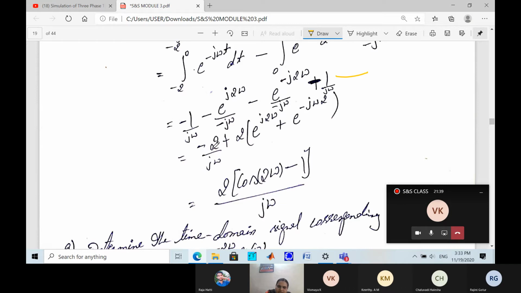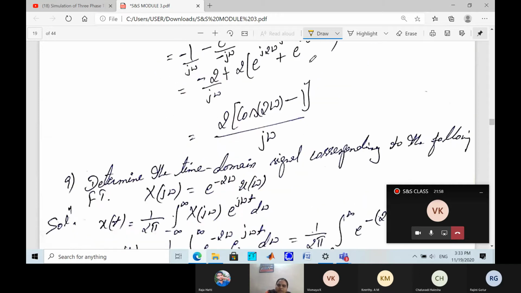Then I will be getting -2 divided by j omega, considering these two, plus, solve for this, you will be getting 2 e raised to j2 omega plus e raised to minus j2 omega. When you solve this in terms of cos, I can write it as 2 into cos 2 omega minus 1 divided by j omega.